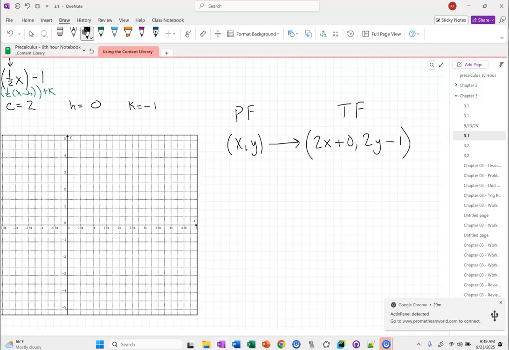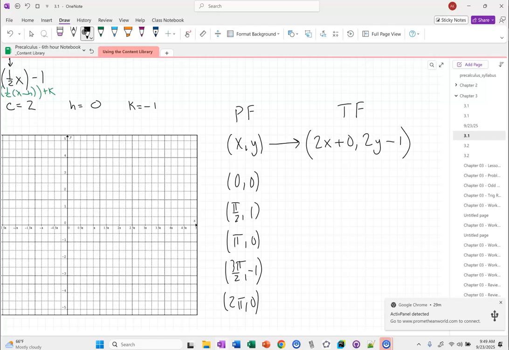So this was a sine graph. I'm going to go up to that table that I'd written above and write down the key points for sine. These are the points from our parent function that we're going to be transforming. Do you need to memorize these?